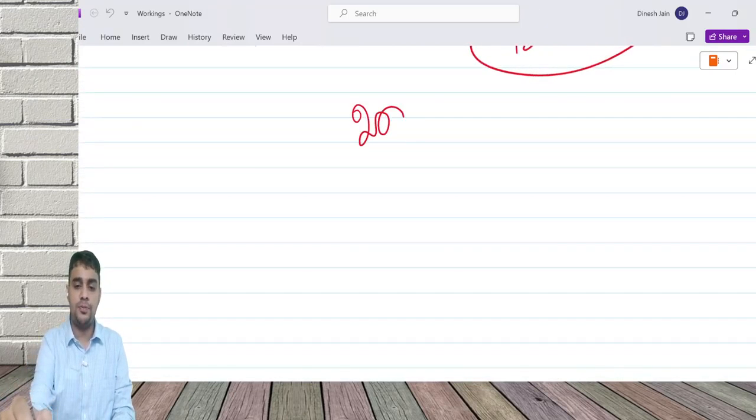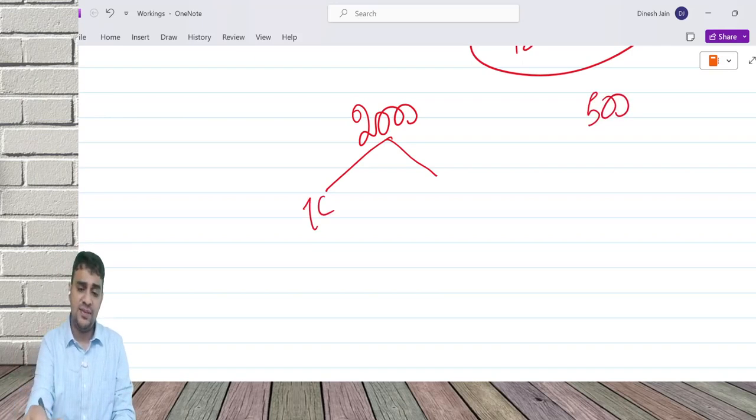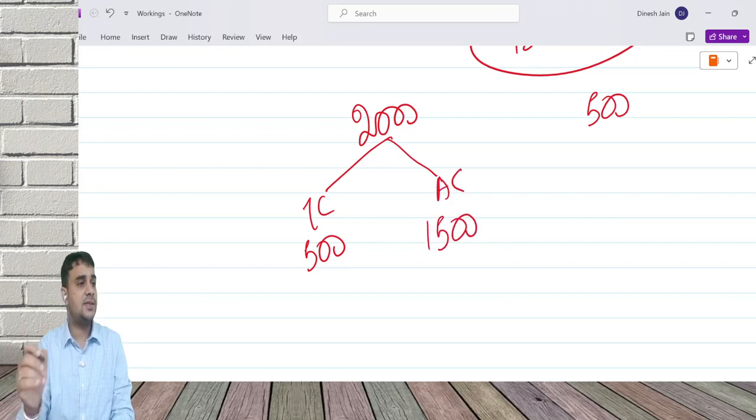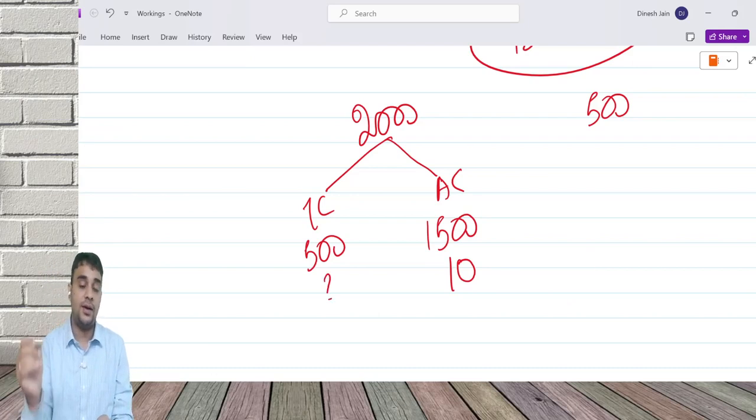2,000 is the value. In the first scenario, I said I'll pay 500 minimum, so TC will get 500. The balance value will go to AC. How many shares are there in AC today? This can never change. 1,500 is equal to 10 lakh shares.